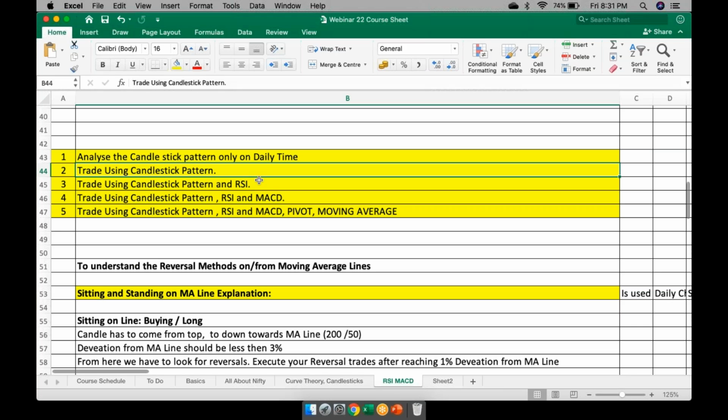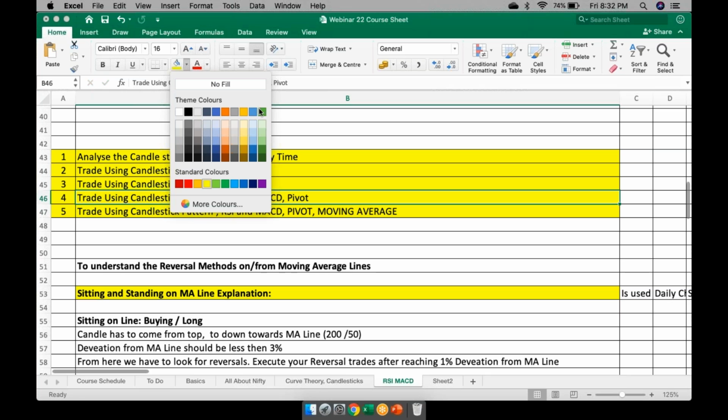Don't trade for real, do mock trading, dummy trades, using candlestick pattern, RSI, MACD. As of now, we can add these things. We are at the fourth point. You can start identifying the stocks till here.